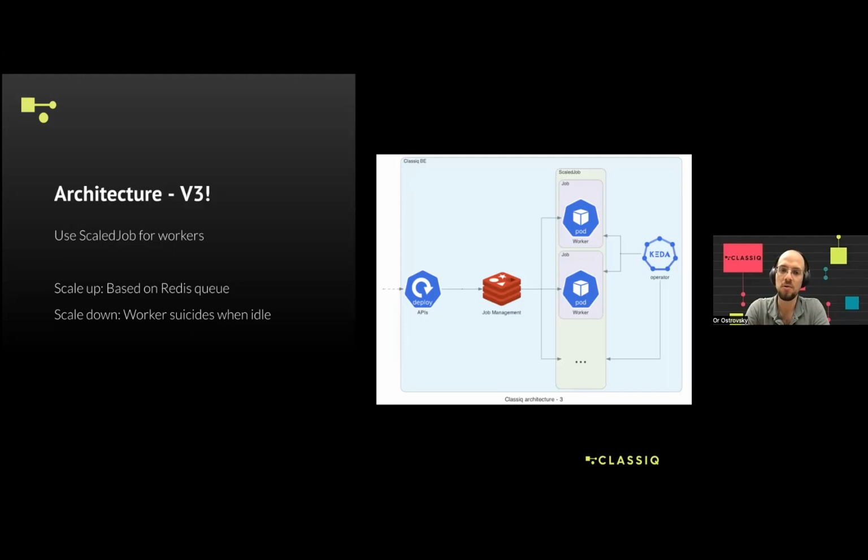KEDA actually knows the name of the specific key in Redis. It knows where the Redis server is located. It has to know all of these things so that it can scale up based on information derived from the application, not from treating the workers like a black box. Okay, thank you. Yeah, that makes a lot of sense.